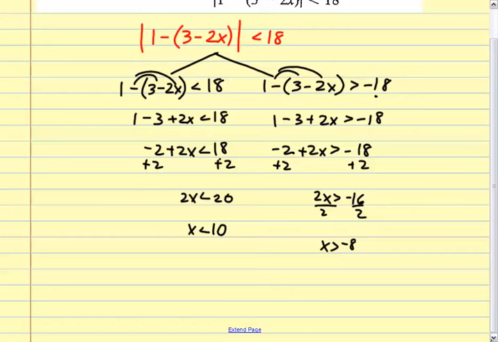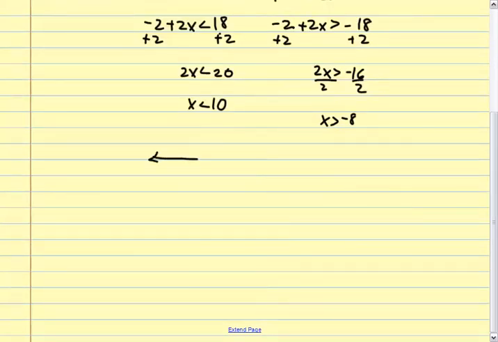Remember, it said absolute value is less than. That means they're going to run together instead of run away from each other. So, two critical numbers, negative 8 and positive 10. Circle them. Should I color in the circles? No. It's greater than negative 8, less than 10. They run together. Done.